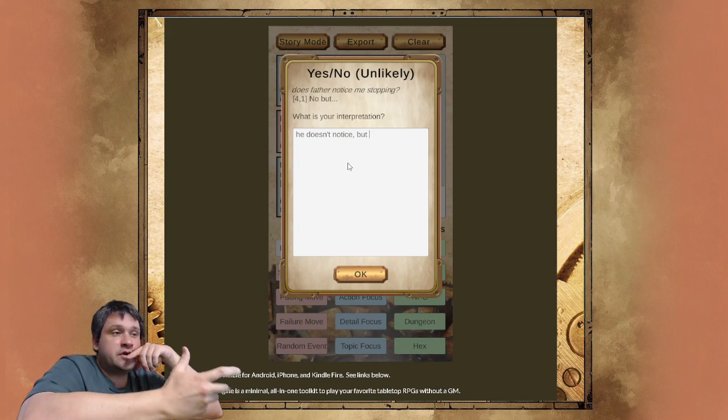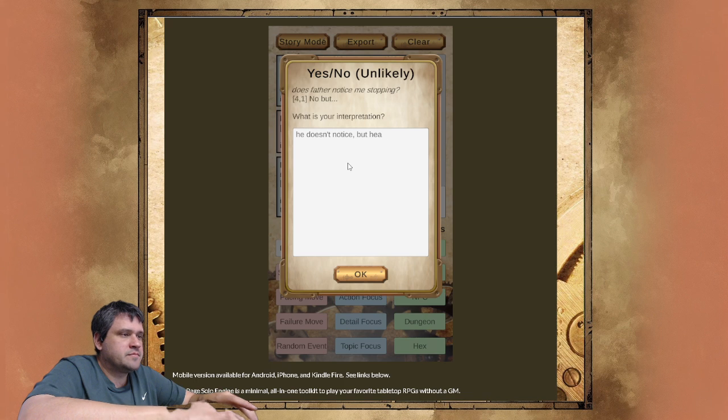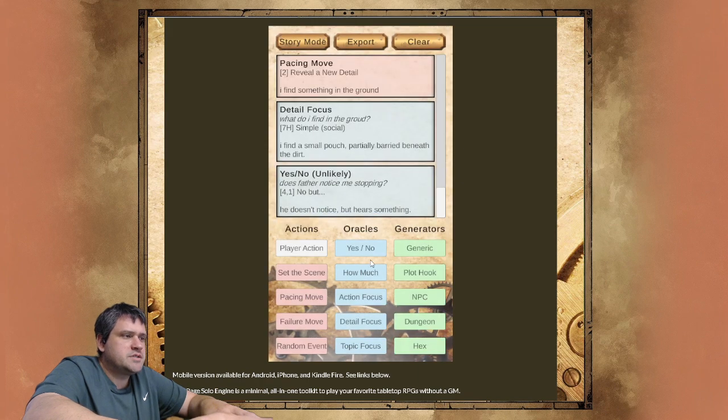If it is gold, I'm gonna say that's a tough one. But he hears something. All right, so what does he hear? Well, we found this pouch.